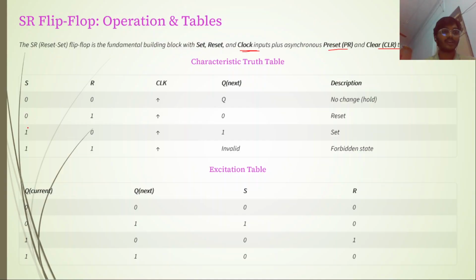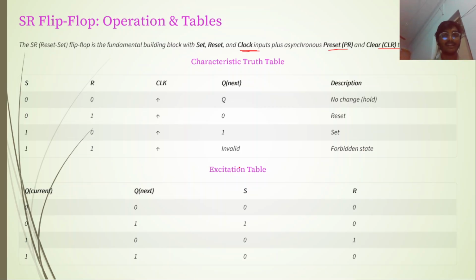If S is 0 and R is 1, the next state is 0. If S is 1 and R is 0, the next state is 1. If both S and R are 1, it is an invalid condition: no change, reset, set, and forbidden state.